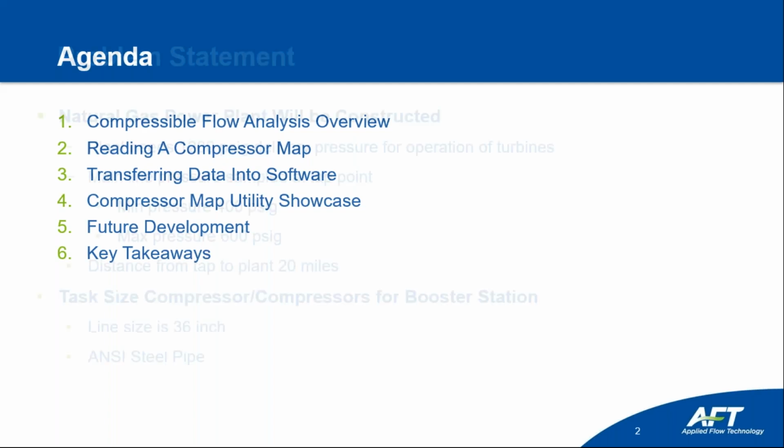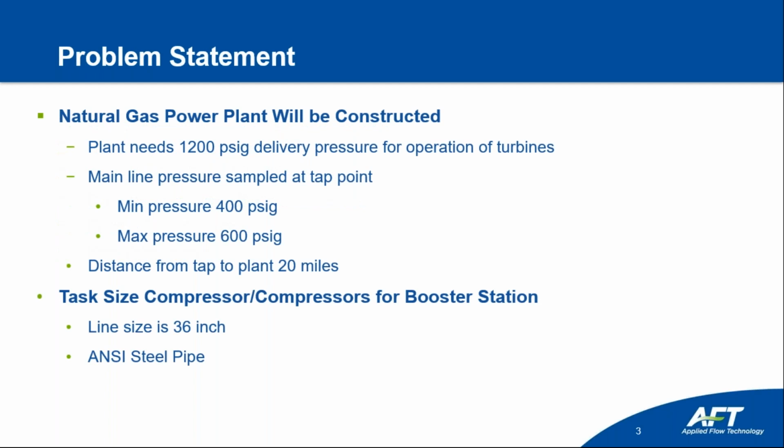So hopping right in, we start out with our problem statement. This live example starts out with us wanting to build a natural gas power plant. And the plant needs a delivery pressure of about 1,200 psig to have its turbines operate properly. We have a natural gas line that we're looking to tap into to supply this power plant after it's constructed.